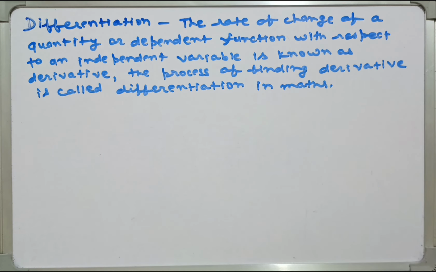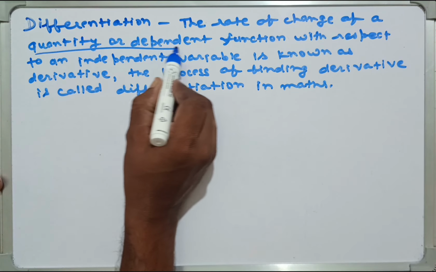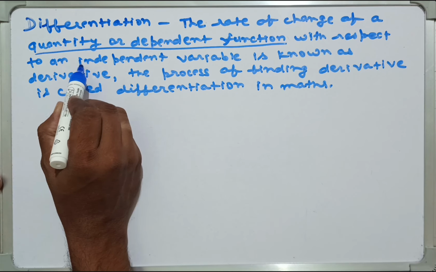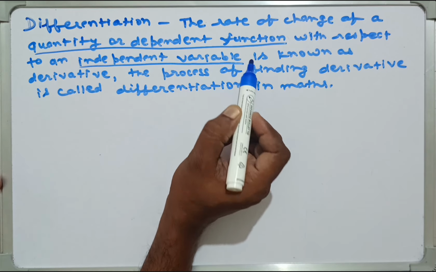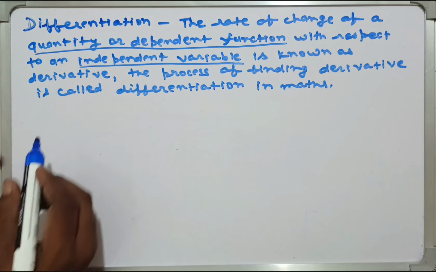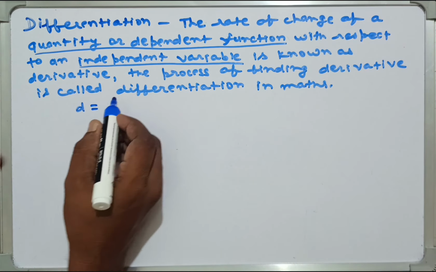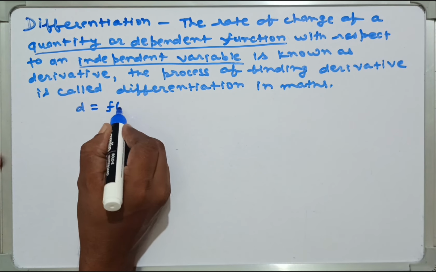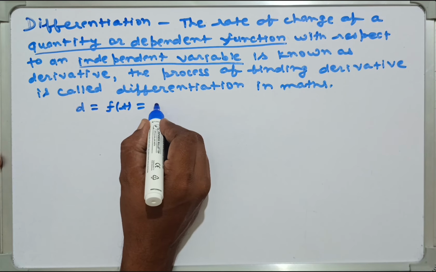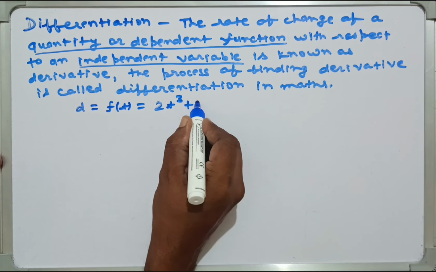Here I used the words dependent function and independent variable. What does this mean? Suppose d is the displacement of an object which is a function of time, say 2t cube plus 5.